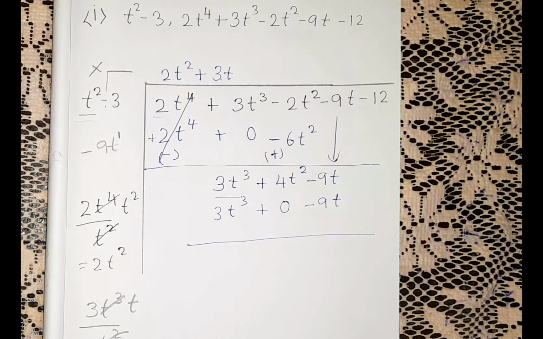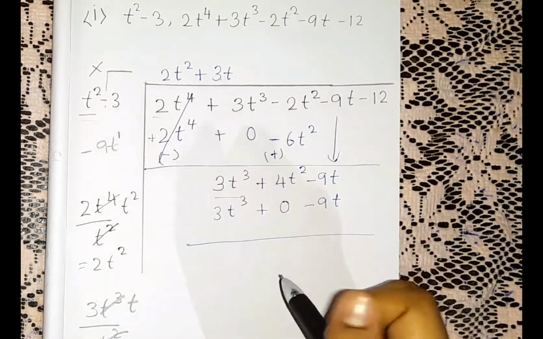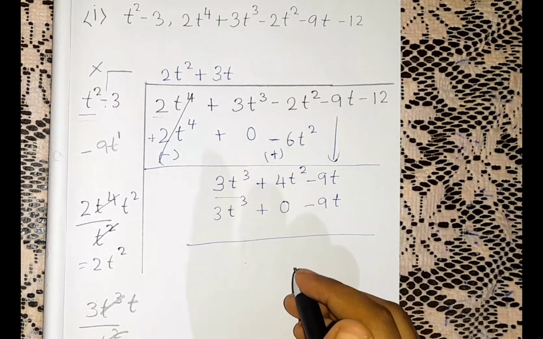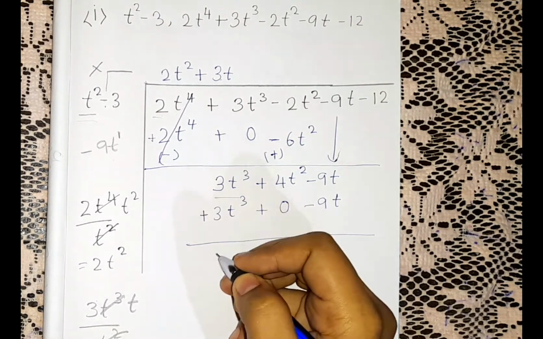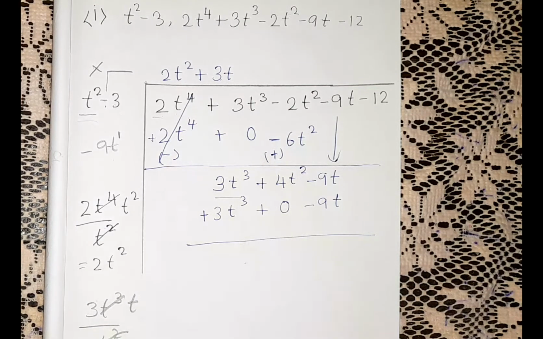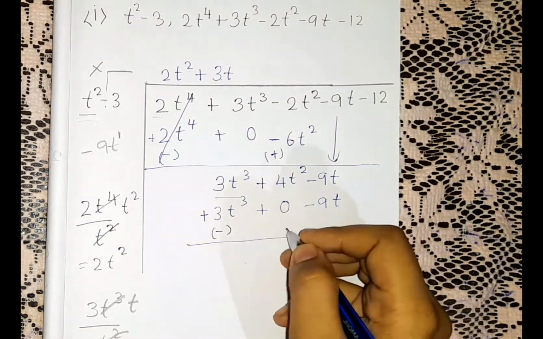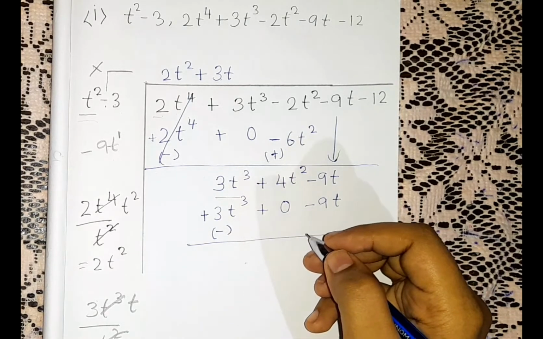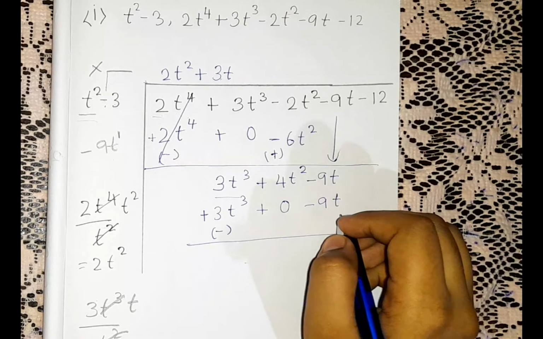Okay, so now we just did it. Now we are going to be changing the signs. Whenever you get all the numbers after multiplying, you are supposed to change the signs. This is very important. Please change the signs. Here we have plus, as you guys know, so plus converts into minus. Here 0 doesn't have a value whether it is minus or plus, so no need to care about this 0 right over here.